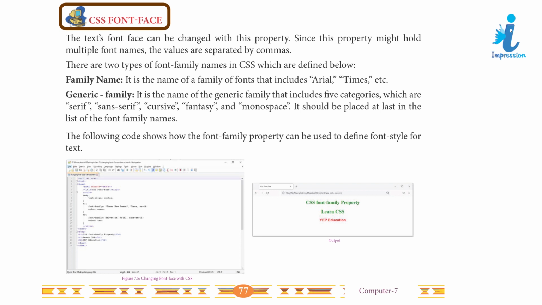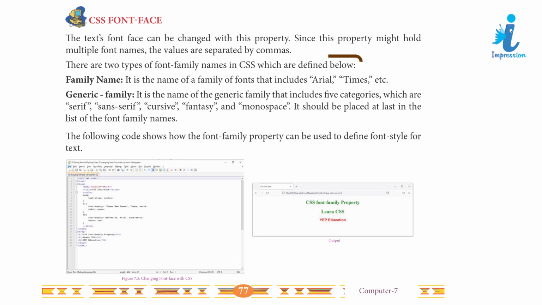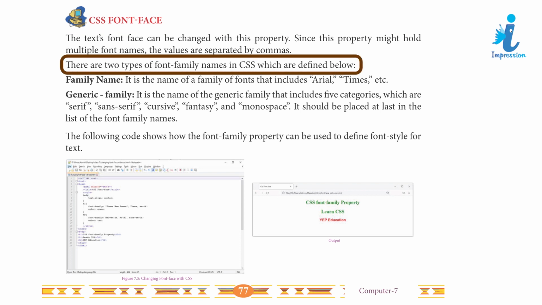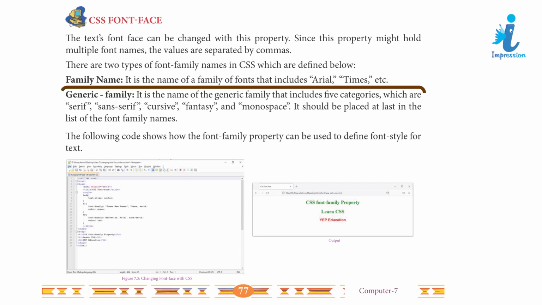CSS font face. The text font face can be changed with this property. Since this property might hold multiple font names, the values are separated by commas. There are 2 types of font family names in CSS which are defined below. Family name. It is the name of a family of fonts that includes Arial, Times, etc. Generic family.